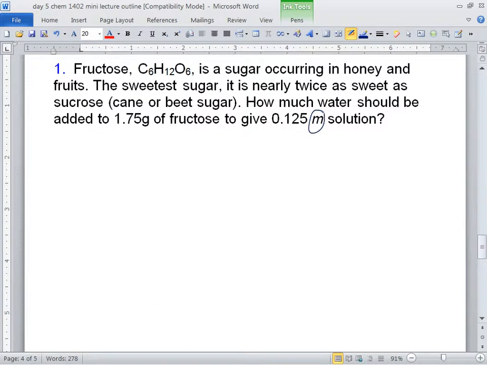Recognize the little m. So that really tells you the equation you got to use, right?